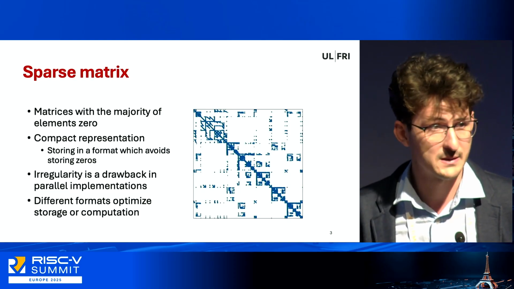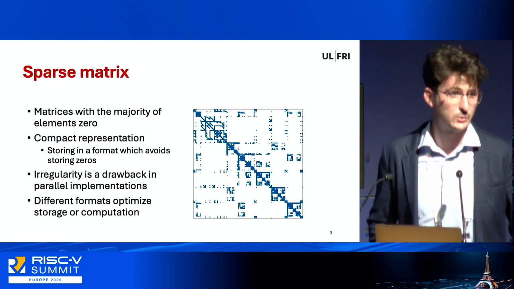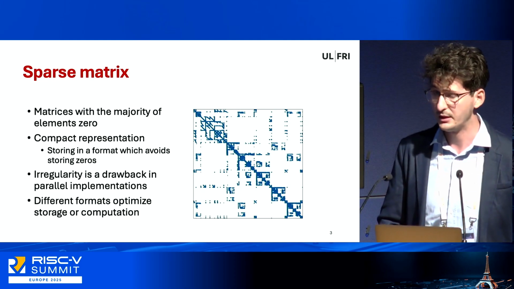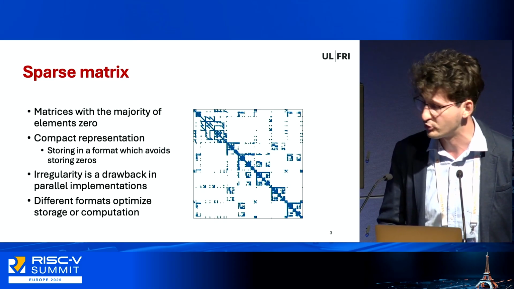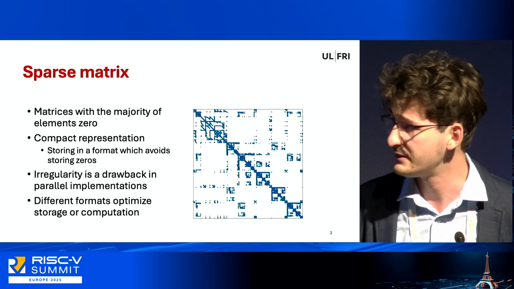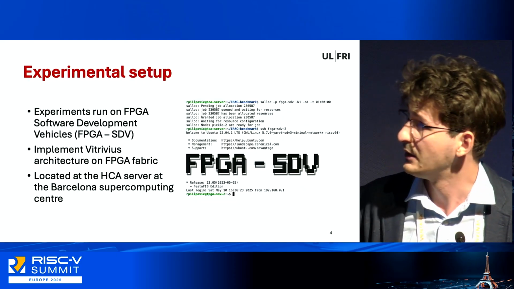However, this opens a backdoor for irregular memory access, which we need to account for when dealing with operations on these kinds of matrices. We have different formats that optimize storage or computation.